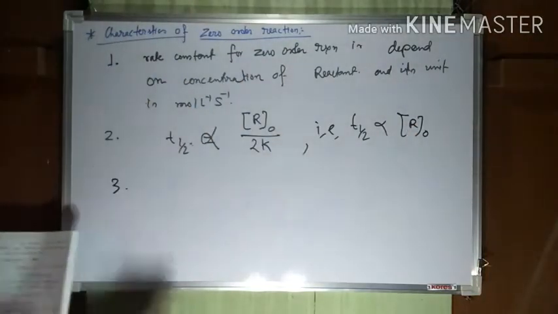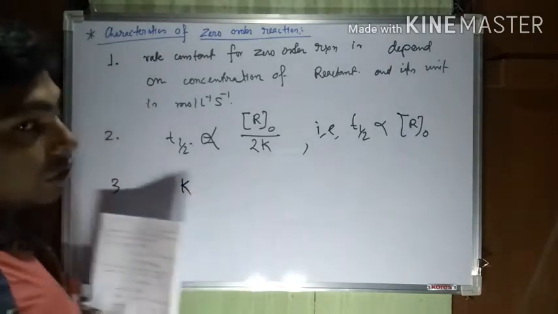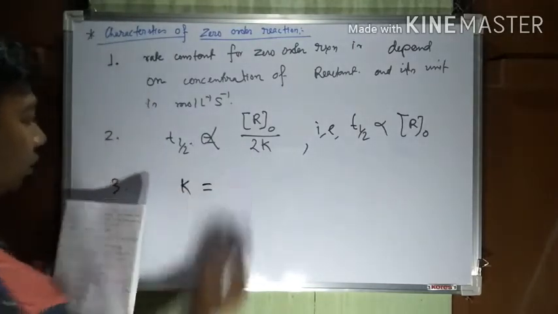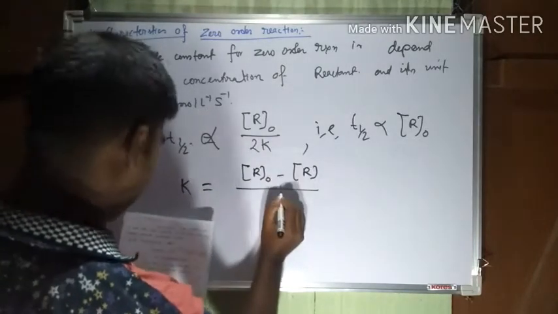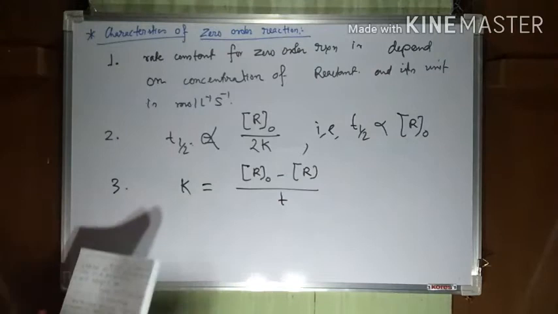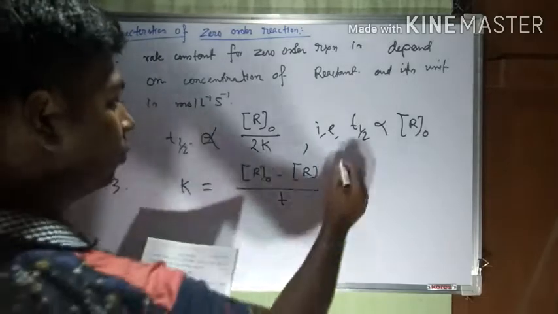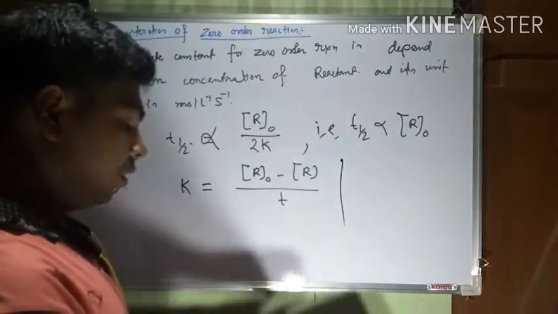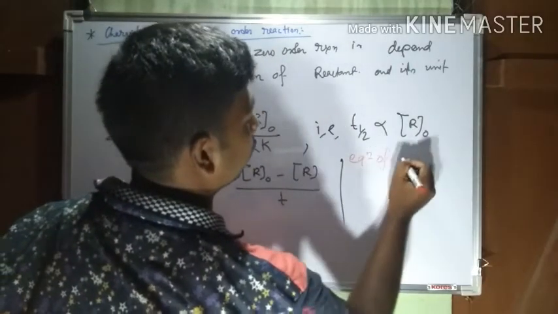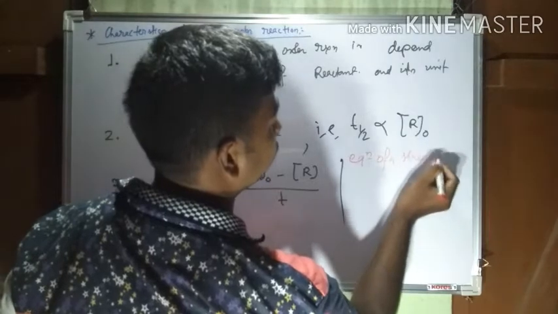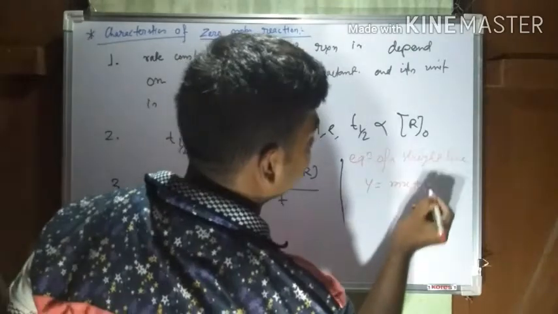Third characteristic is the equation. The simple equation for zero order reaction is K equal to concentration of R naught minus concentration of R, divided by T. Now, if you transform this equation into the form y equal to mx plus c, as we know, the equation of a straight line is y equal to mx plus c.